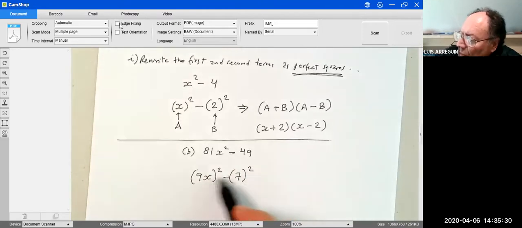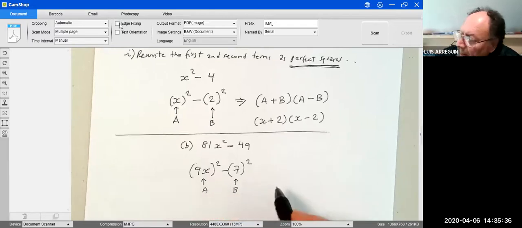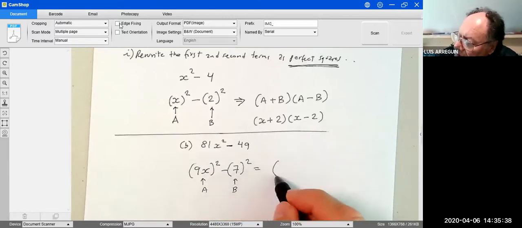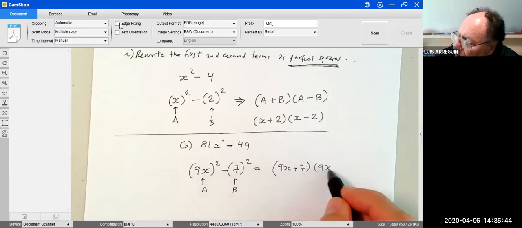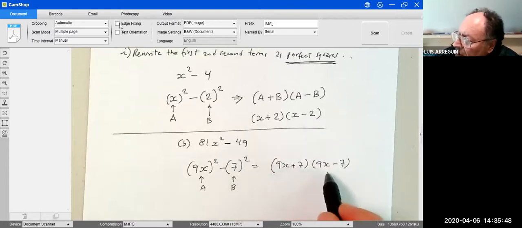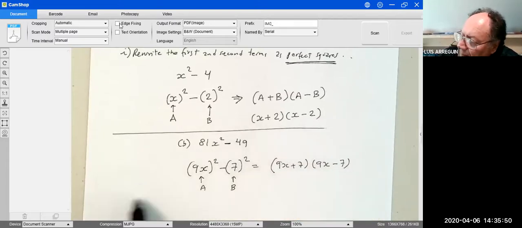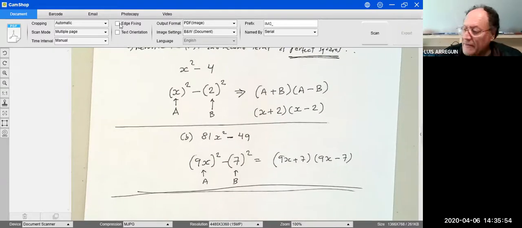So now you have two perfect squares. So this is A and this is B. Now I can rewrite this as 9x plus 7 times 9x minus 7. So I write the first binomial and then I write its conjugate. That's the best way to solve these problems, by using this shortcut.